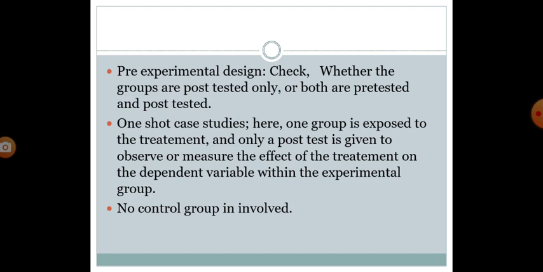The second is one-shot cases. Here it is very clear that one group is exposed to a treatment. Treatment means experiment, and only a post-test is given to observe or measure the effect of the treatment on the dependent variable within the experimental group.